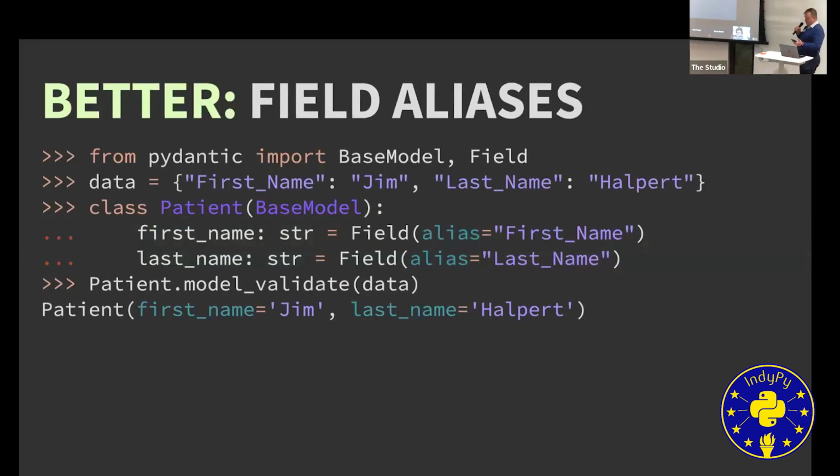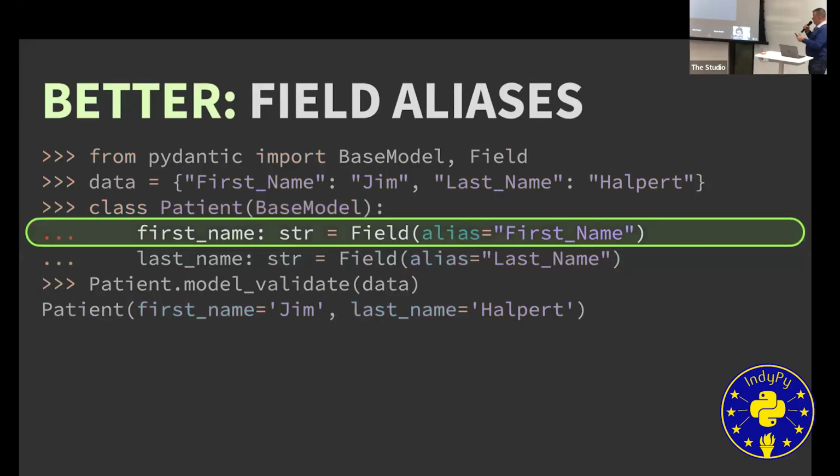Aliases, on the other hand, they let us confine the external complexity to the Pydantic layer. Here, we're using the Pydantic field to define the alias as part of the attribute's metadata. These aliases are alternative names available to Pydantic when validating or serializing.